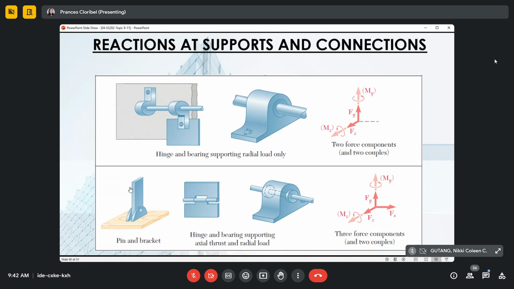Kung atong tuwangon na siya, pwede ma-free mo rotate along the Y-axis, kung ato na siya ipilit sa wall. So you have to be careful, no? Ato na siyang i-imagine. So that depends on the orientation kung asa dapit ang naay restriction for movement and restriction for rotation.